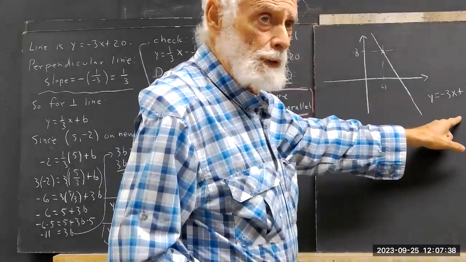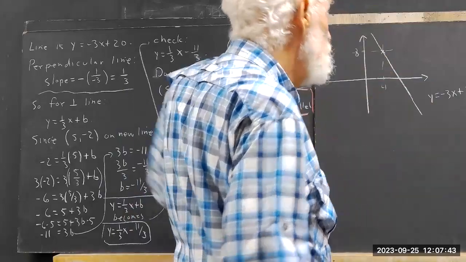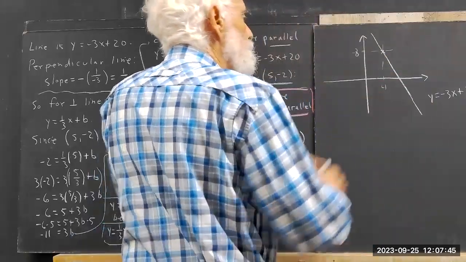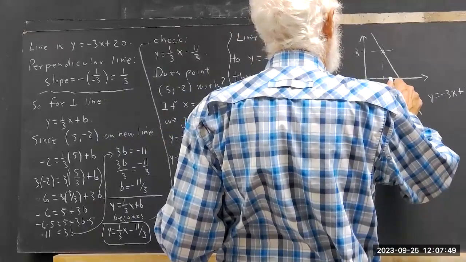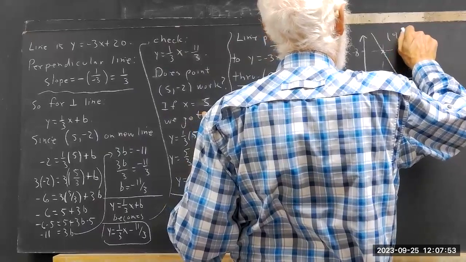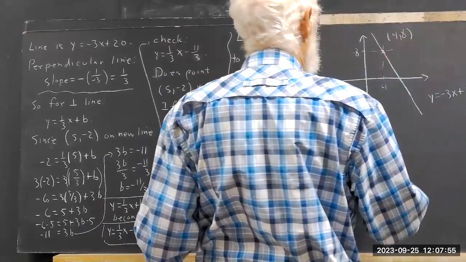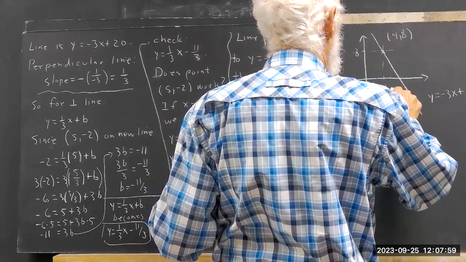Not a very good depiction of the line. It's not steep enough, should be steeper, but at least we have a schematic. And then we have the point 5, negative 2. So this is the point 4, 8. And here's the point 5, negative 2.